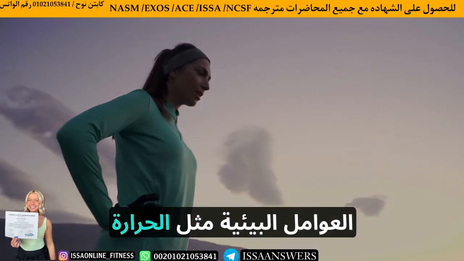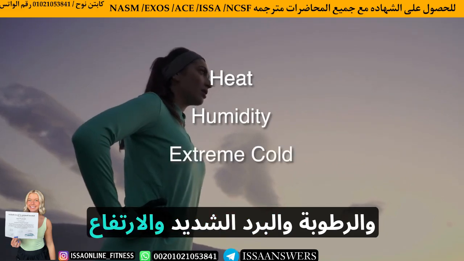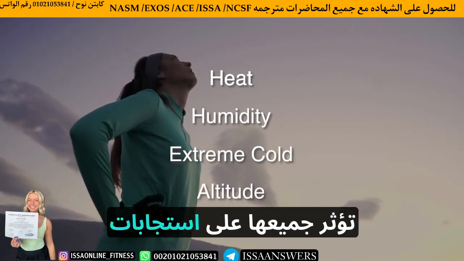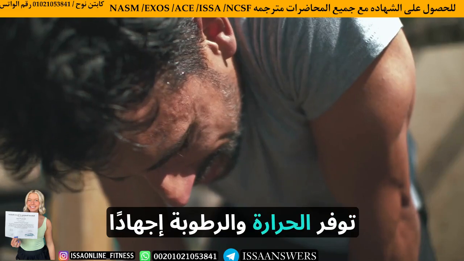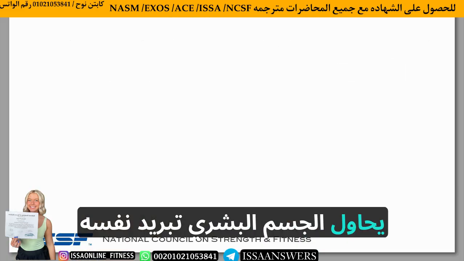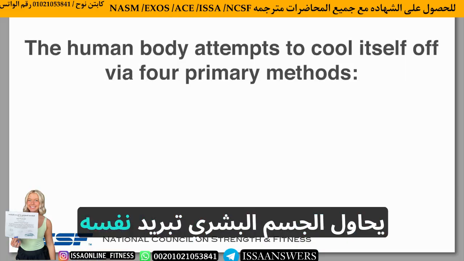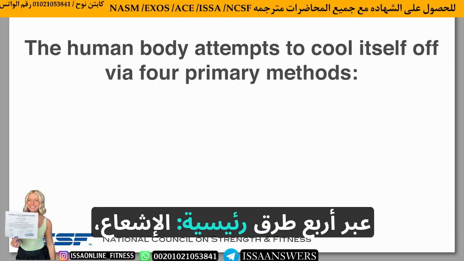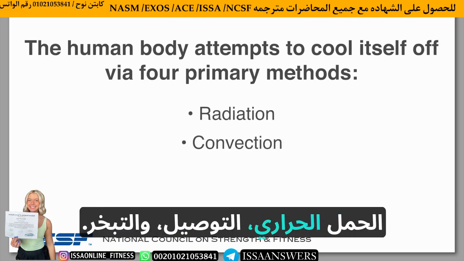Environmental factors such as heat, humidity, extreme cold, and altitude all impact training responses. Heat and humidity provide notable additional stress to the body during training. The human body attempts to cool itself off via 4 primary methods: radiation, convection, conduction, and evaporation.